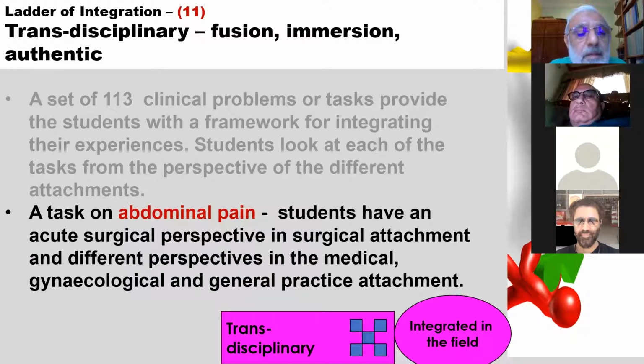For example, there is a task about abdominal pain. Those students would have a surgical perspective in surgical attachment, and then a different perspective in medical or gynecological or general practice. So the whole thing is based on these 113 clinical problems, and students go through that depending upon which area they are posted at that time.